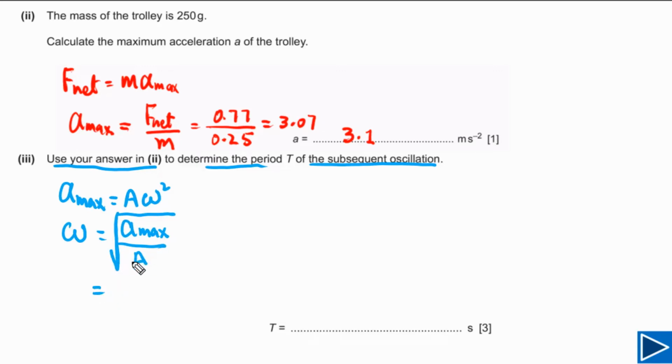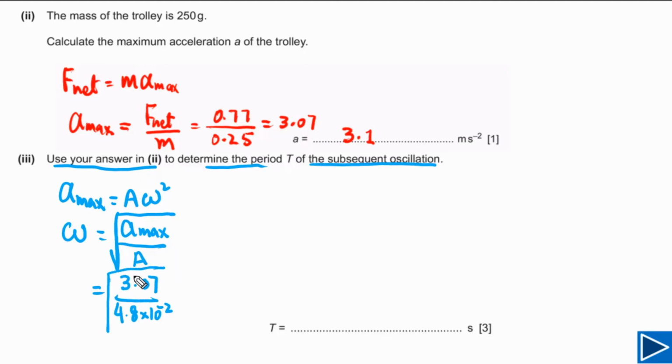So simply we need to plug in values now. We have calculated a max. We will be using 3.07. The exact values we have to use, not approximated values. So that's the reason I'm using 3.07 instead of 3.1. We have to divide by the displacement. The maximum amplitude of the oscillations was 4.8 centimeters, so we have to multiply with 10 to negative 2 because 4.8 was given in centimeters.